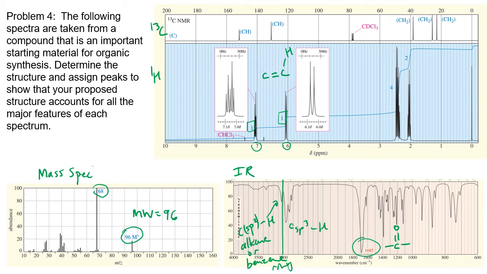But given the fact that we have a nice doublet here, and then the one that has a larger chemical shift has what appears to be a doublet of triplets.